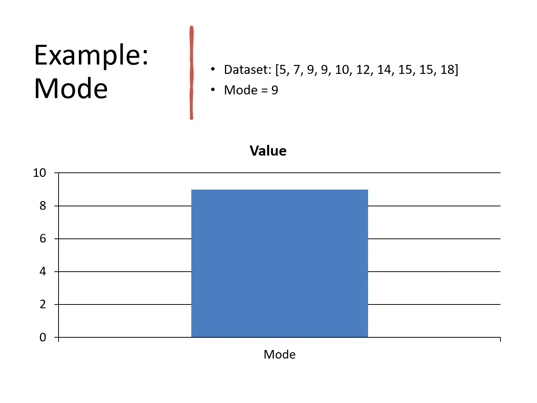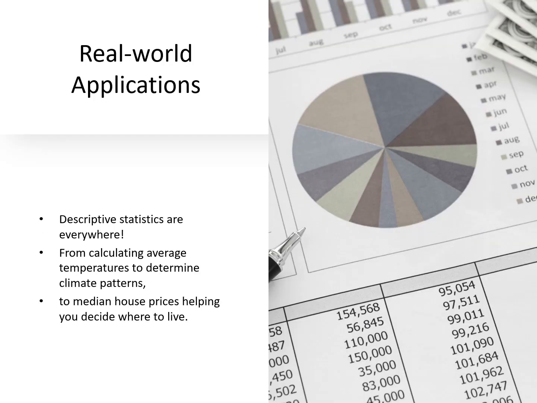So after completing the mean, median and mode, now let's try to understand how we use such applications in our real world scenarios. How do we use descriptive statistics, or the mean, median and mode, in real world applications? You might wonder why we are learning this.